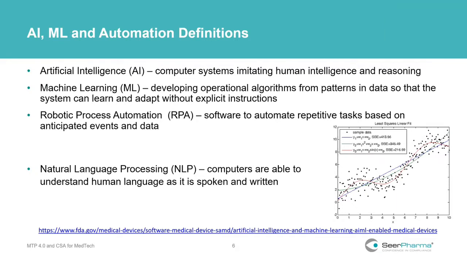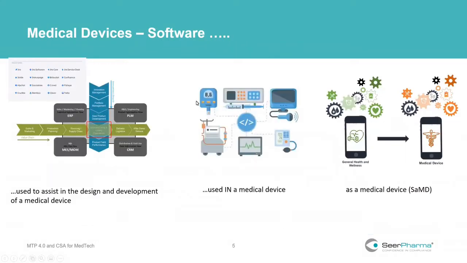Ben, sorry, I was just wondering if you could go back that slide. I'm just interested in you mentioning Jira. We use Jira at our company, and I know that software tools need to be validated if they're being used in the design of a medical device. Yes.